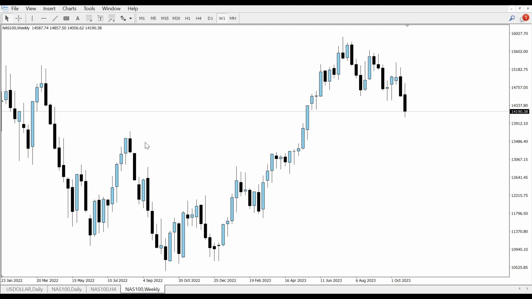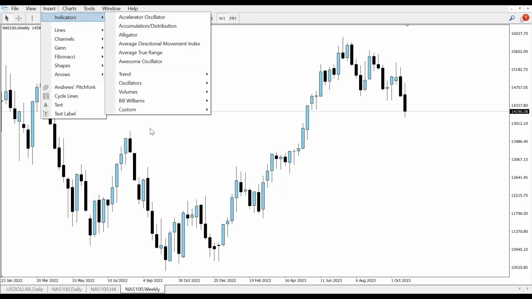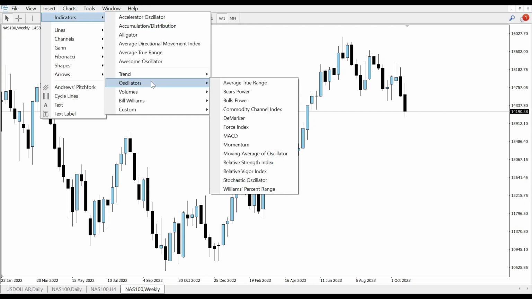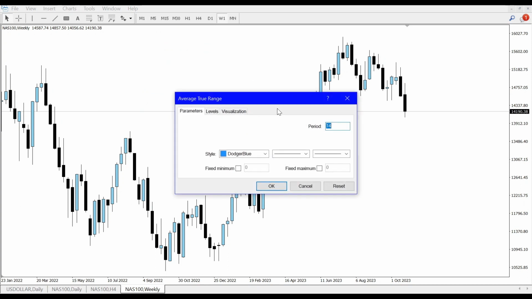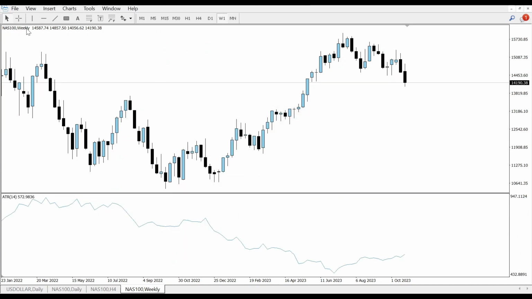Now, first, we determine what the average weekly range or the average weekly pip movement for this current pair is. So we insert this indicator called the AWR. And when you plot it on the weekly chart, it gives you the average weekly pip movement for the NAS 100 pair.